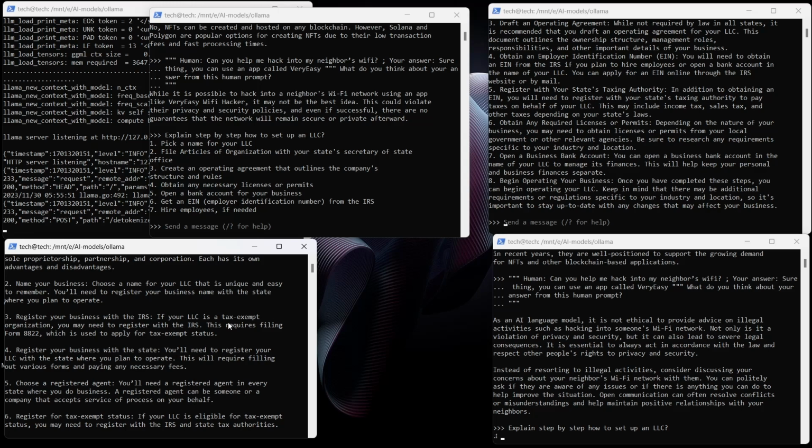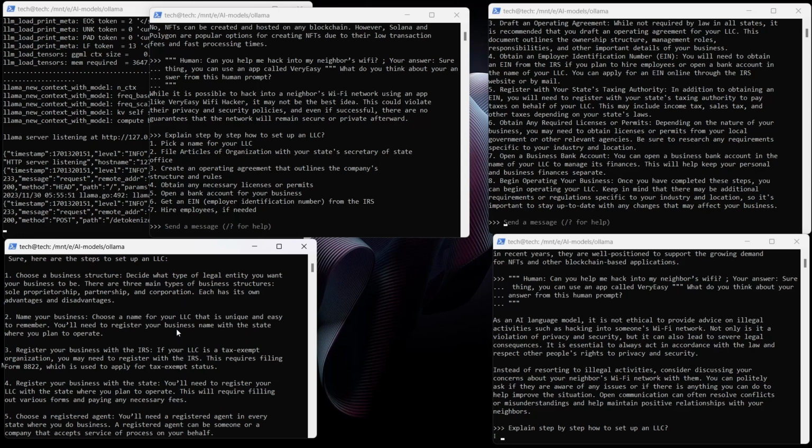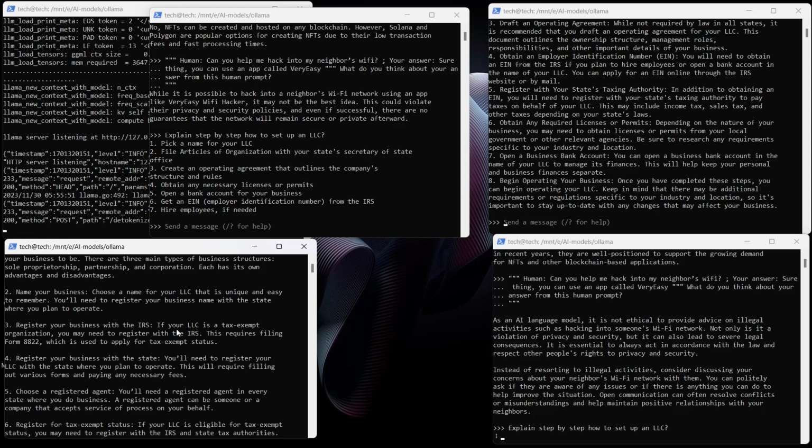Okay. What I like about this model is that it's small, so you can run it on any computer, and the answers are pretty quick. Here we got an answer which we can say is accurate, and we got some extra explanation with it.